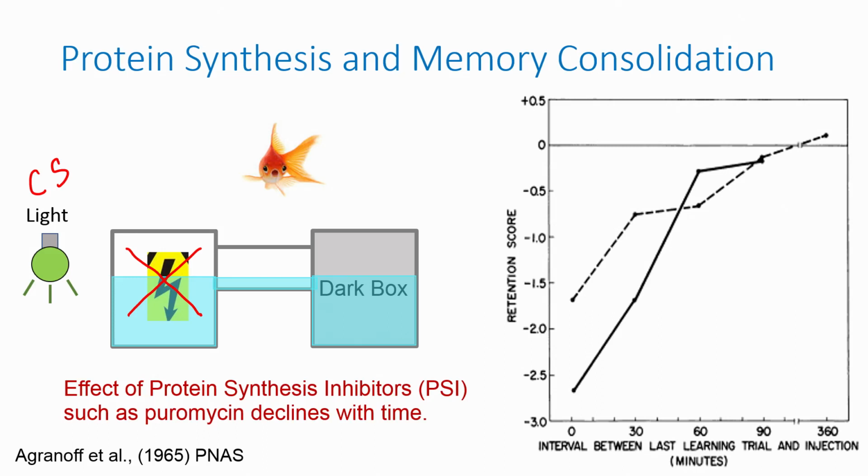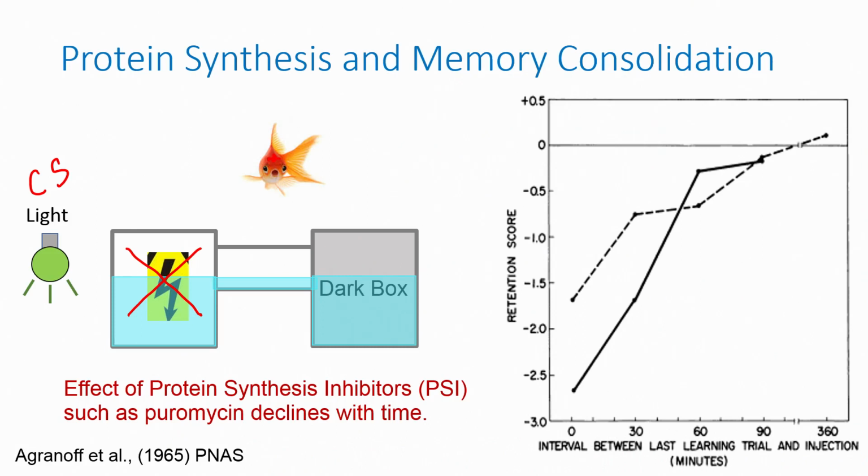The reason they were doing this in the goldfish is because it is easier to access the cranial cavity in the goldfish. All they have to do is take a syringe and a needle, just like what a doctor uses to give a shot, and then directly inject at the cranium, in this place.